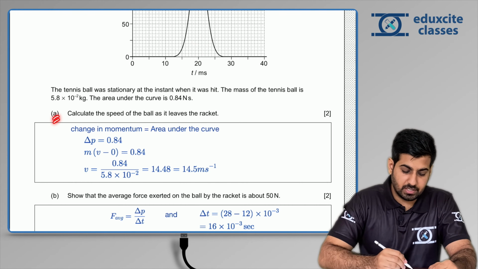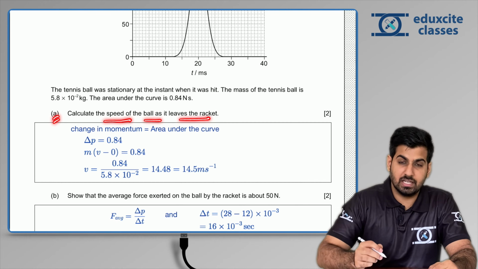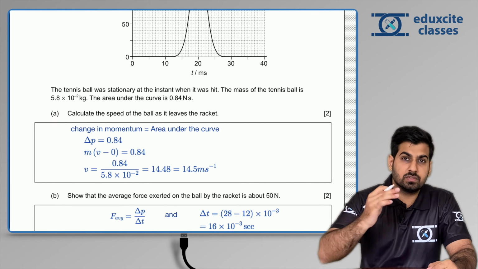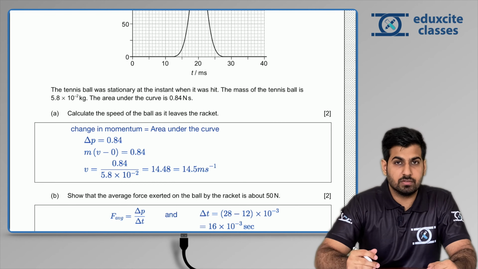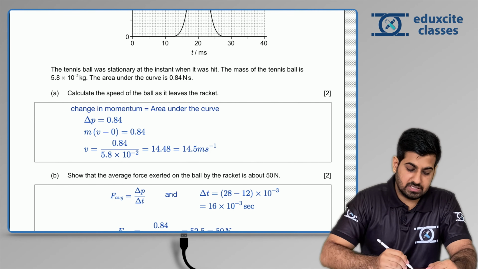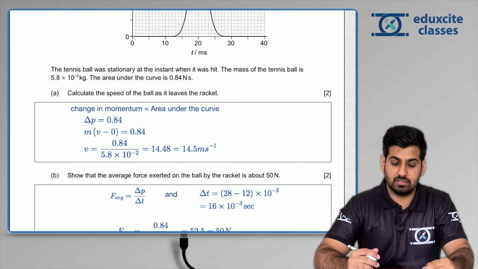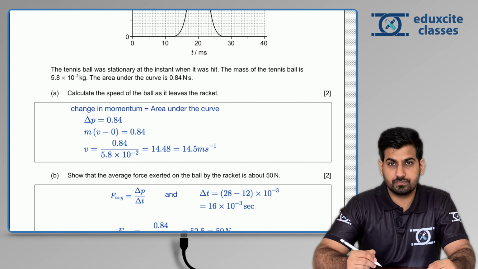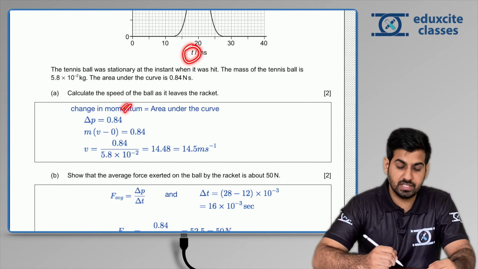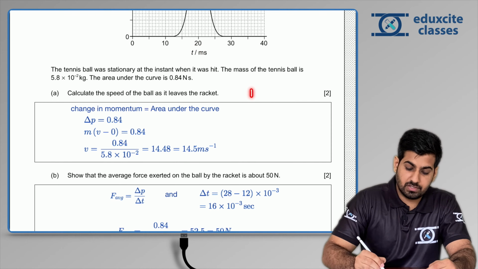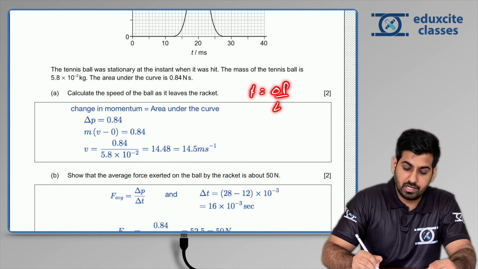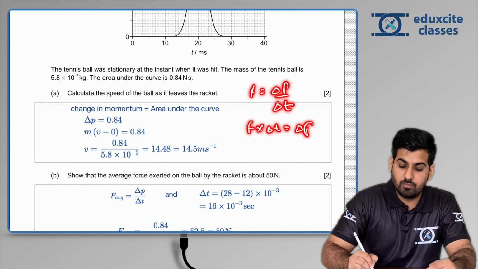Now in the first part, calculate the speed of the ball as it leaves the racket. As soon as the ball leaves the racket, we have to find out the speed. We know that the change in momentum is the area under the force versus time graph, because force is equal to delta P over delta T, so F times delta T will be the change in momentum.